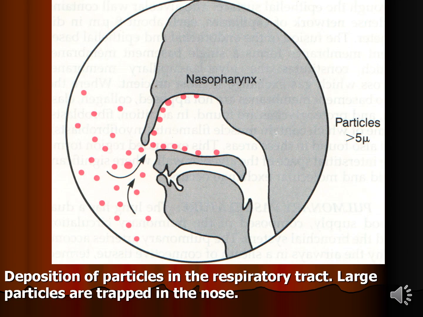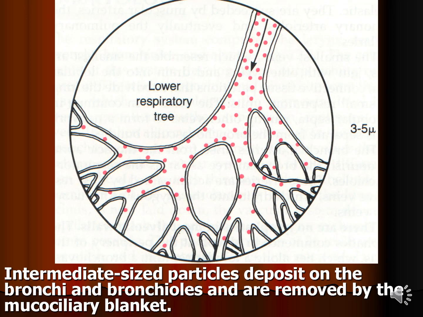Here we see the picture describing one of these mechanisms. So you see deposition of particles in the respiratory tract, and you see that the large particles are trapped in the nose. These particles are more than 5 microns in diameter.